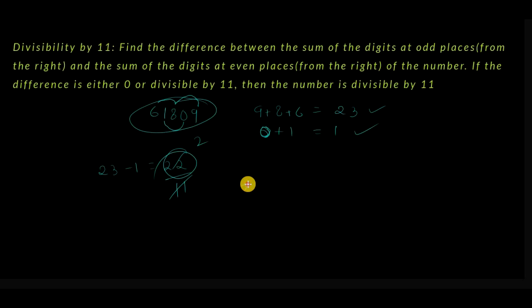If I say there is x, y, z, a, b, c, d, e, we need to know whether this number is divisible by 11 or not. What we need to do is sum the digits in alternating positions, sum the up ones and sum the down ones, and do the difference, minus it from the bigger one.